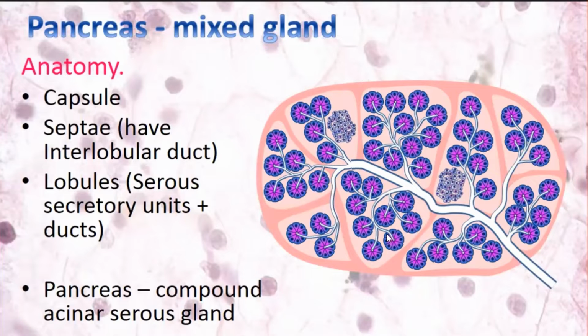There are serosecretory units, and also there are ducts. So, according to histology, pancreas is a compound acinar serous gland. Here we can see this structure.